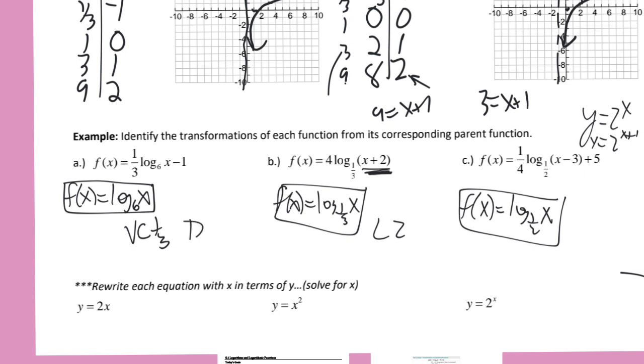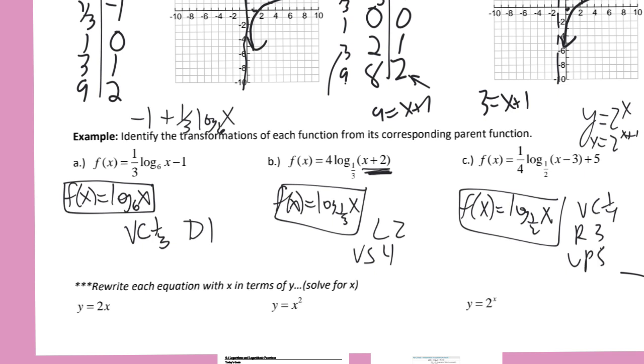A lot of times people do -1 plus 1/3 log base 6 of x, just so that kids do not fall in that ditch and say, oh, it must be, no, the x minus 1 is not in the parentheses. It's not in the argument, it's just the x. So just heads up. This is going to be a vertical stretch by 4 and left 2. And then the last one is going to be a vertical compression by 1/4, right 3, and up 5.